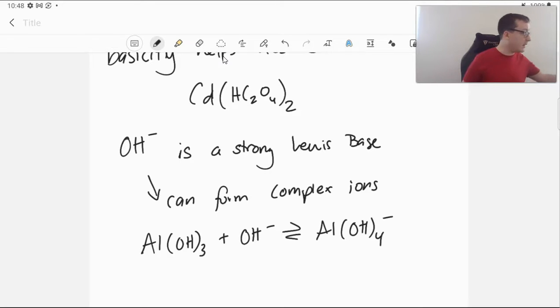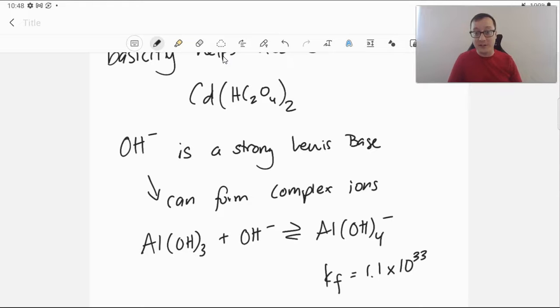It's incredibly large. Let's see, it is 1.1 times 10 to the 33rd power. Very, very favorable. So aluminum hydroxide is not soluble in water, but in even slightly basic conditions, it will dissolve very easily. This is an extremely large Kf.